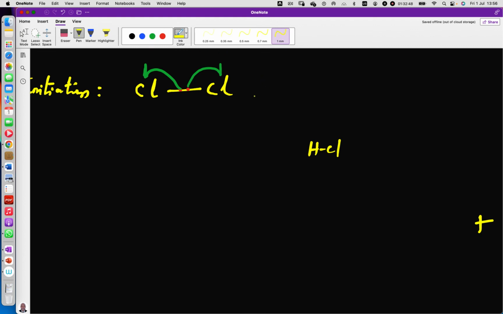Under the UV light, they will generate what we call a free radical. This is the free radical.